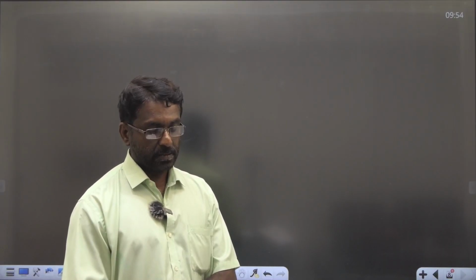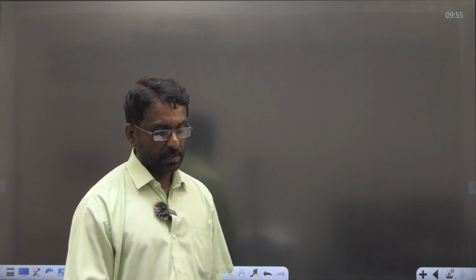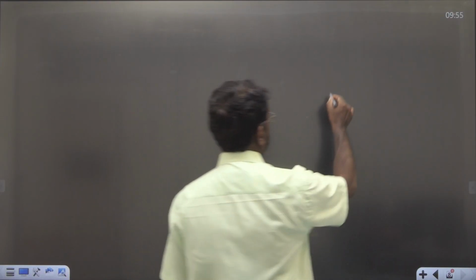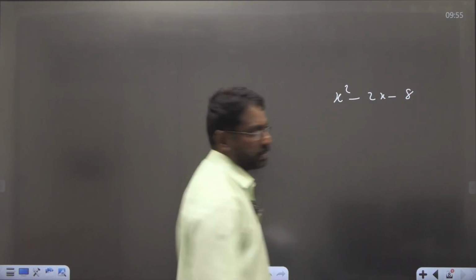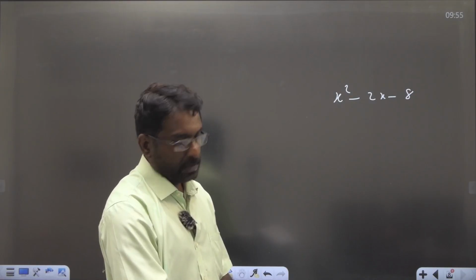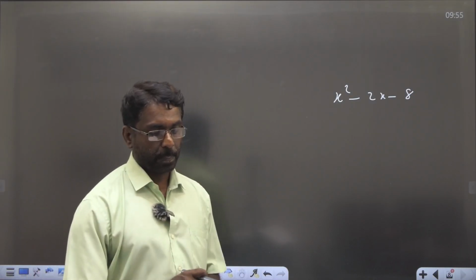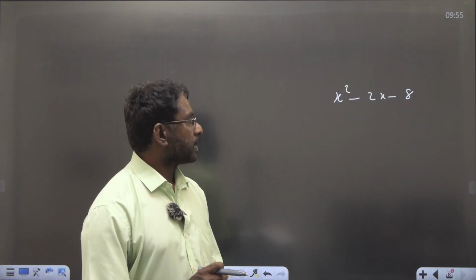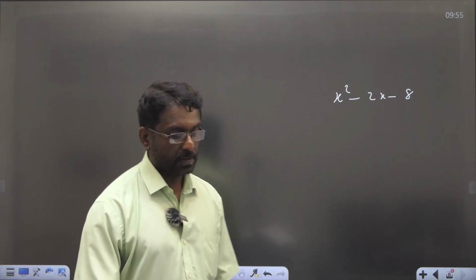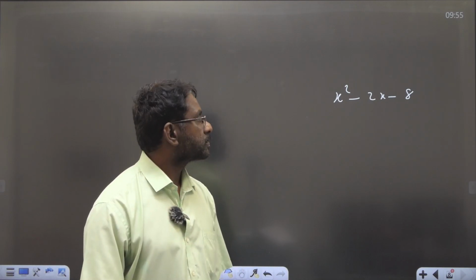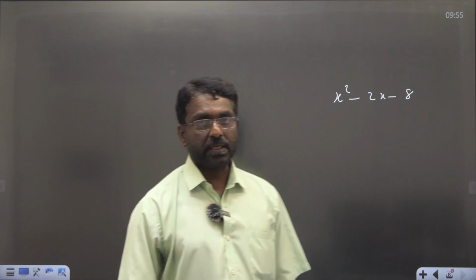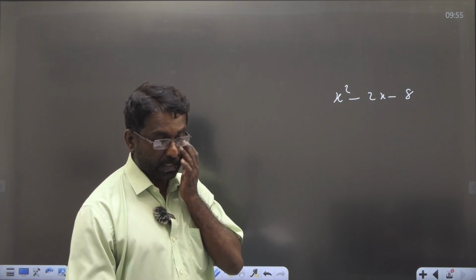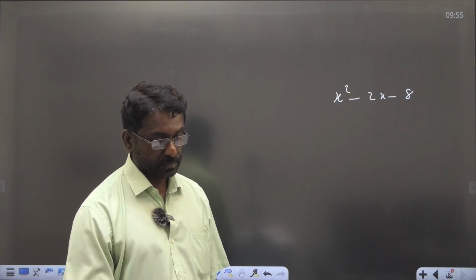Find the zeros of the quadratic polynomial x square minus 2x minus 8 and verify the relationship between the zeros and coefficients. Okay.